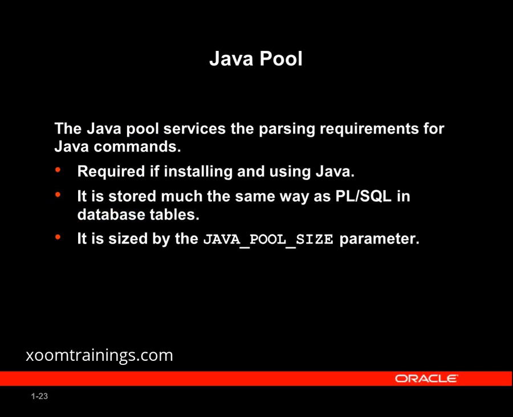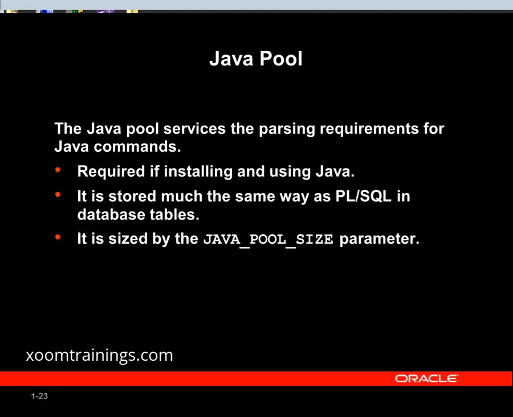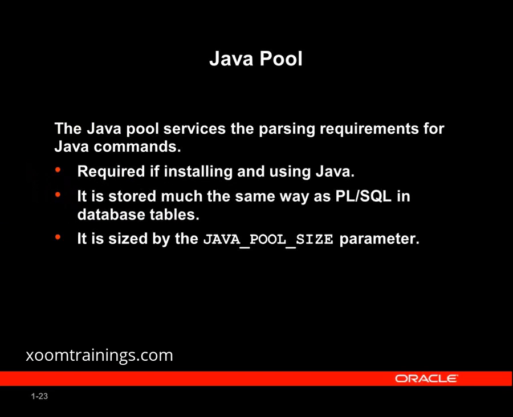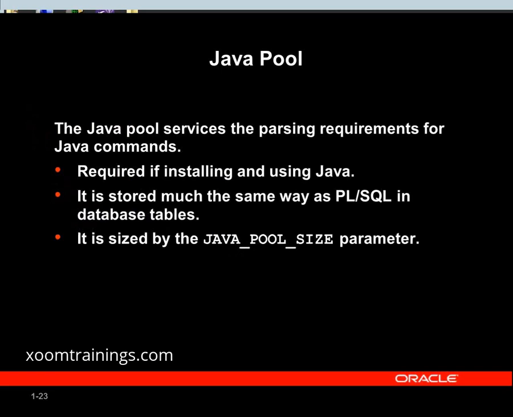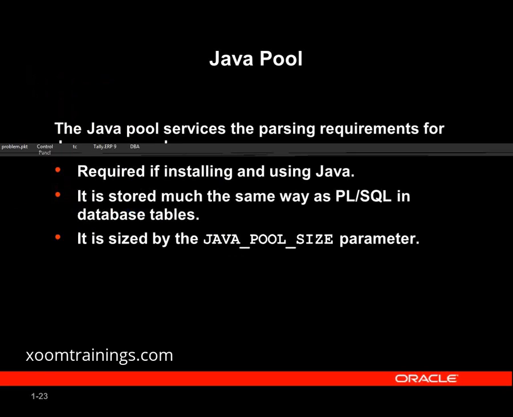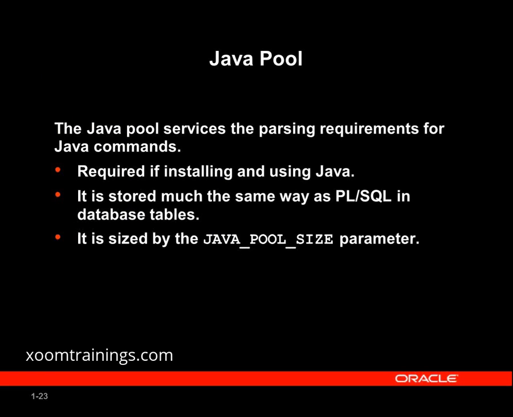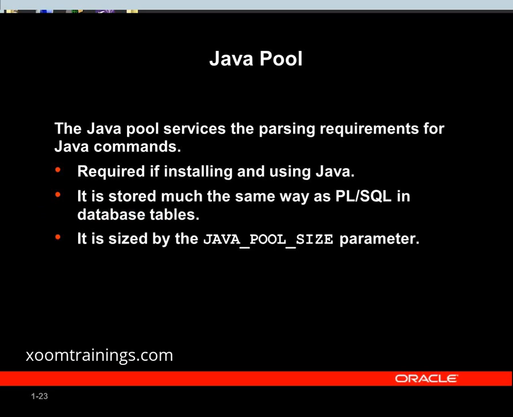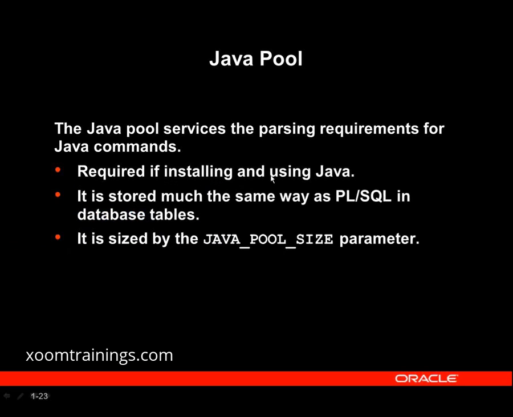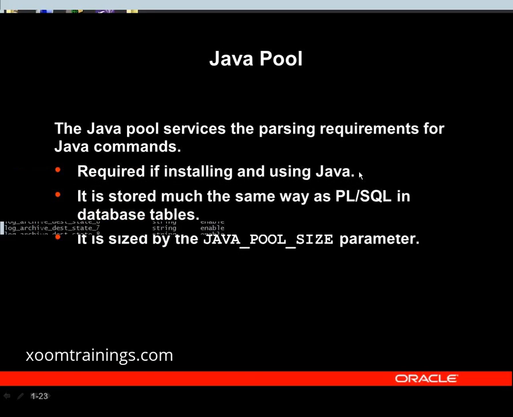Let's say we have a JDBC connection between Java and the Oracle database. The processing of the JDBC commands related to the database gets executed in the Java pool. So it's required if we have a Java application connecting with the database through JDBC.